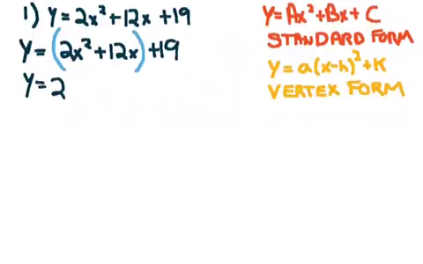So go ahead. I'm going to put my open parentheses, and I want you to tell me what I need to put right here, my first term inside the parentheses. To figure out what the first term inside the parentheses is going to be, I need to divide my first term up here by whatever it is that I'm factoring out.